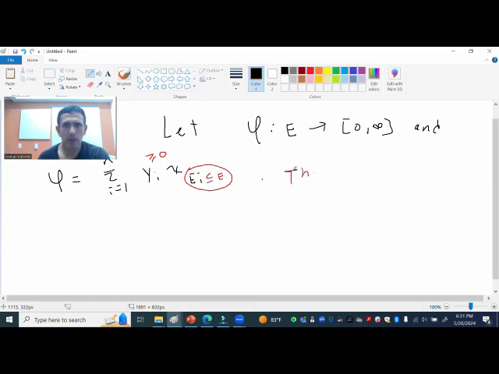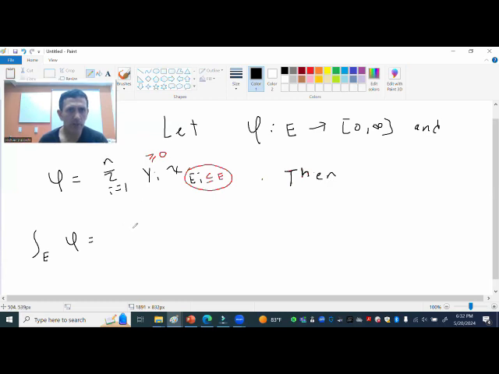As long as I have this, and the Ei's, we're assuming, are measurable, then from what we proved before, in particular, integration when dealing with simple functions is linear.